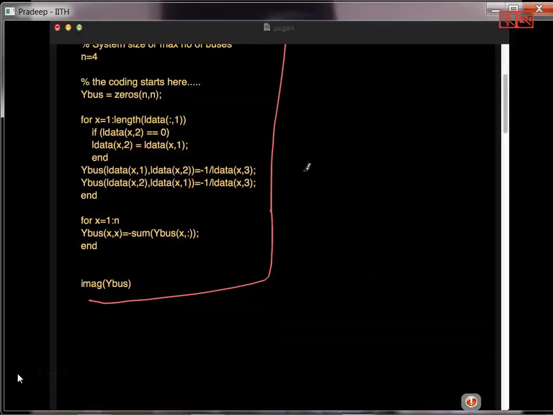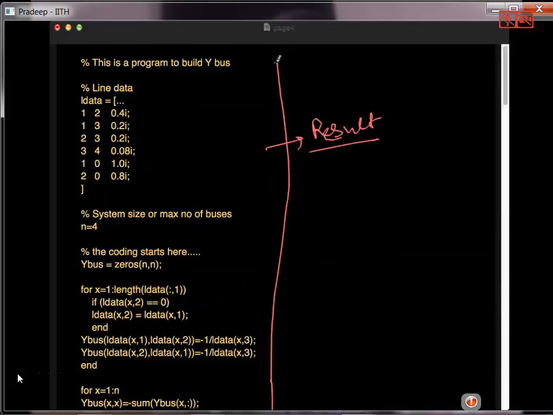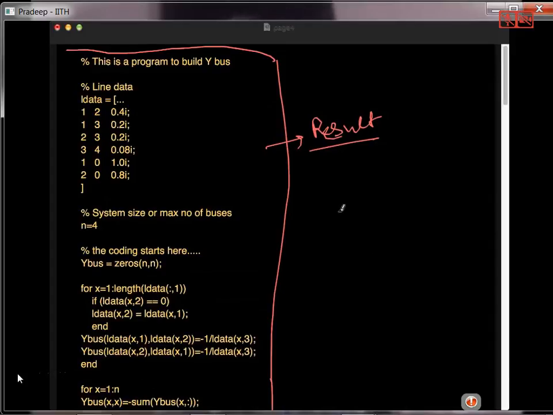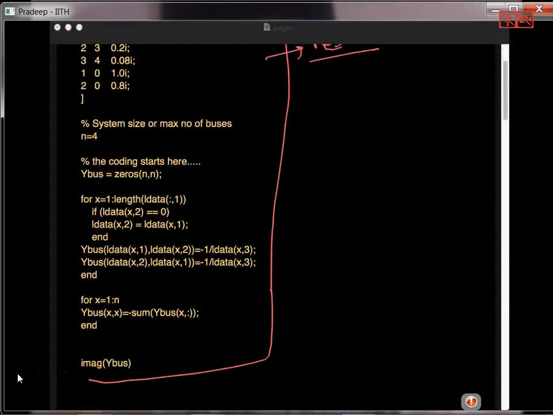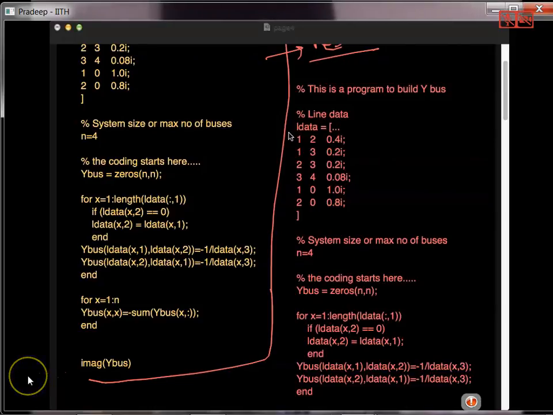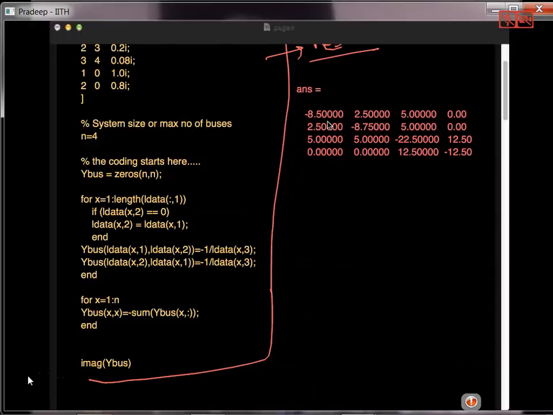So this is my code. So this is Y bus equal to.